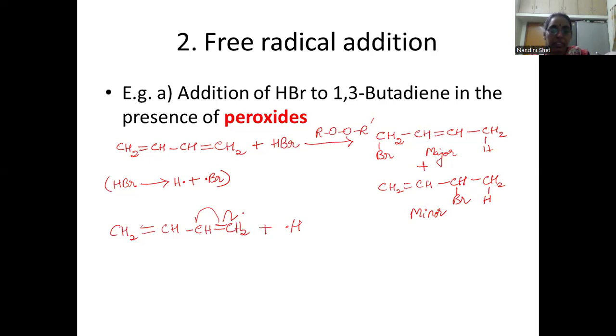Okay, so imagine the homolytic fission results in two free radicals, both on carbon atoms. Now, imagine that the radical which is formed on the first carbon forms a new bond with this hydrogen.